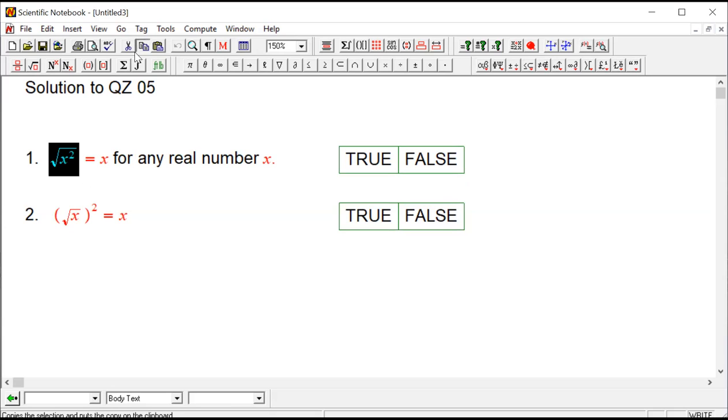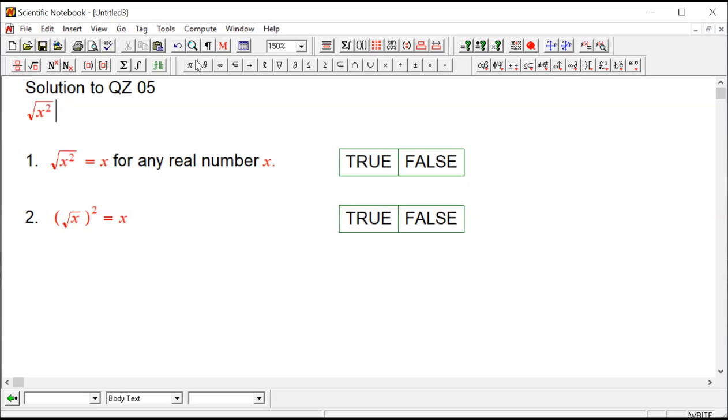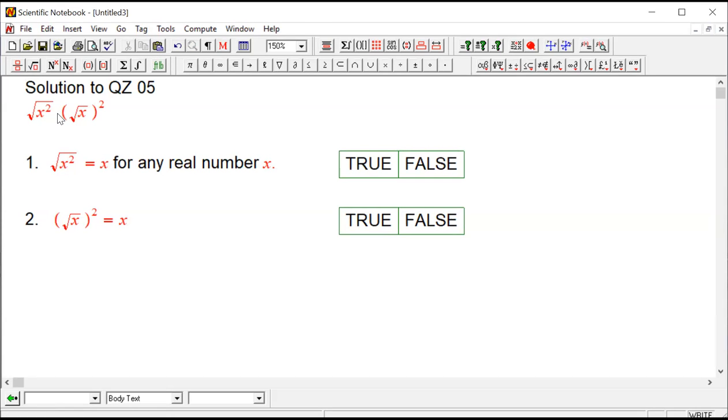Is root x squared, and the other one, the square of root, right? So is this the same as the other, right?